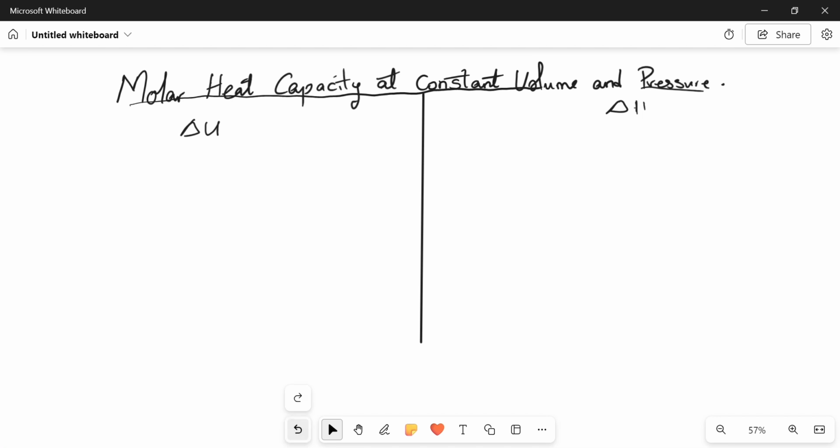Okay, so before we start talking about them one by one, let's first define some major things that we need to know here. The first thing is what molar heat capacity is. After that, we can define molar heat capacity at constant volume and pressure.